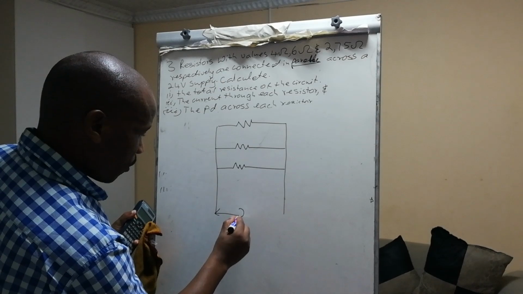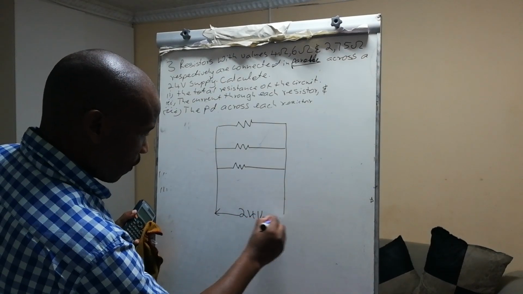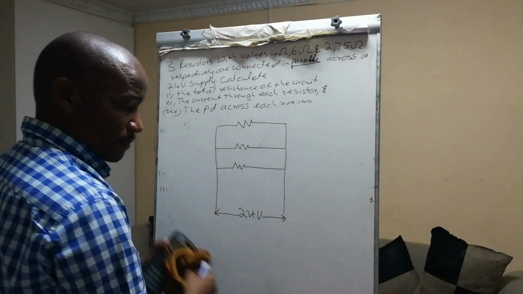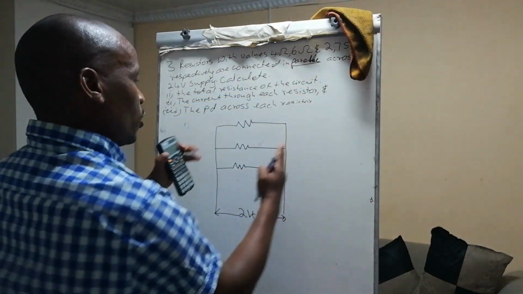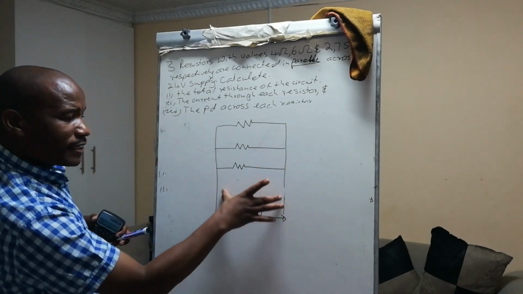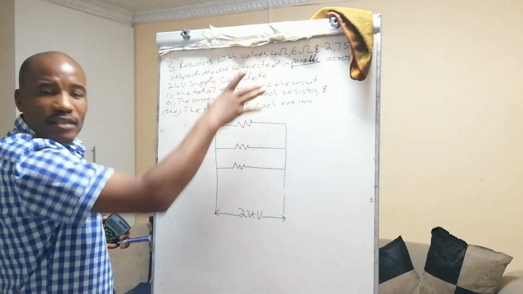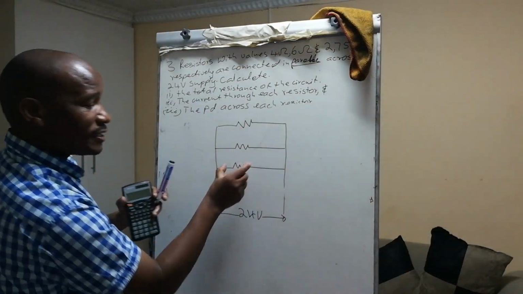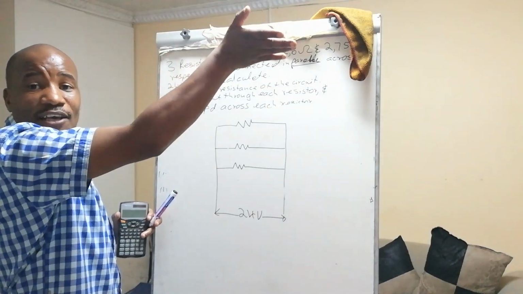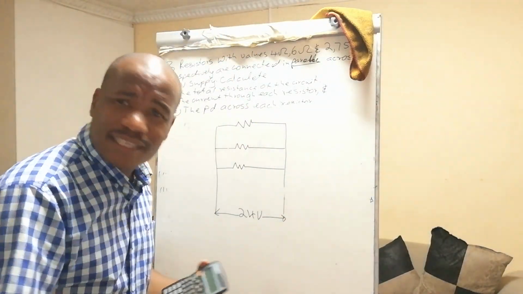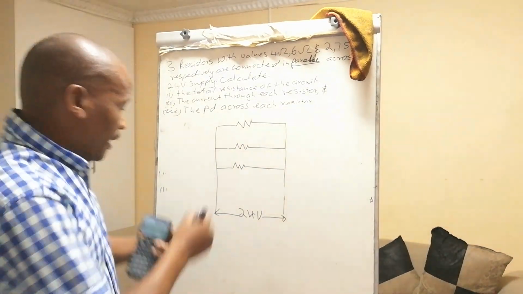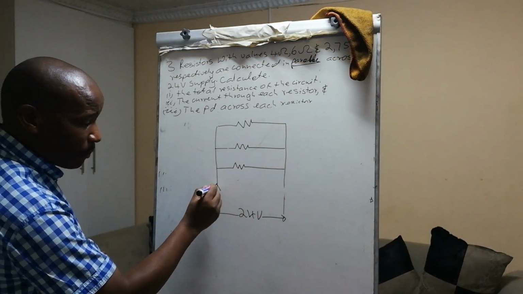They operate from a 24 volt supply. Look, they operate from the same voltage. The voltage is the same for these 3 resistors. In series, you can't say the voltage is the same, not at all. Why? There's a voltage drop.